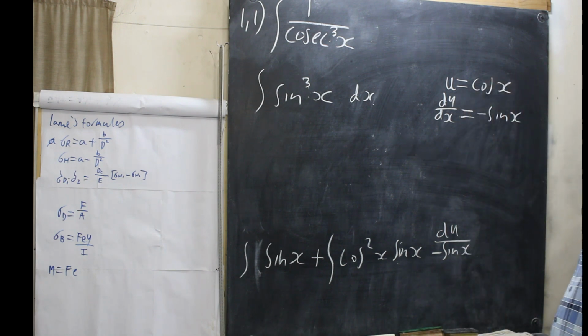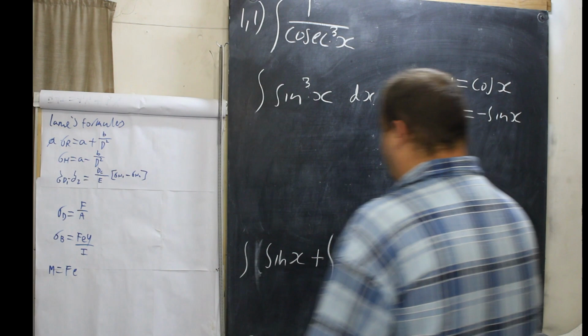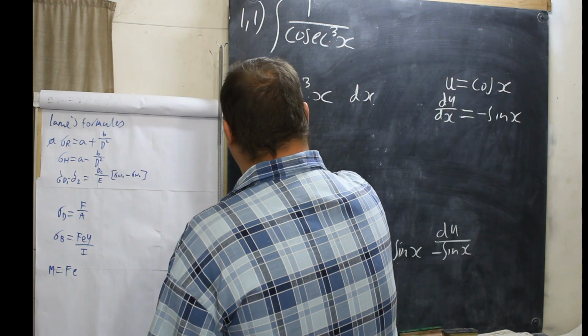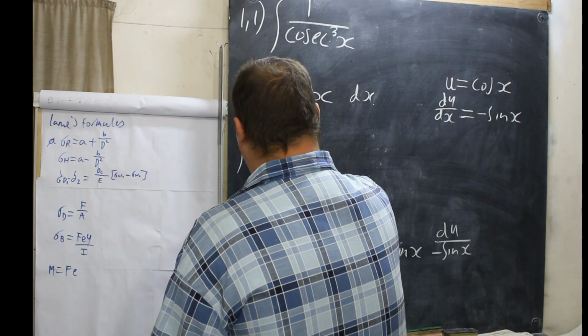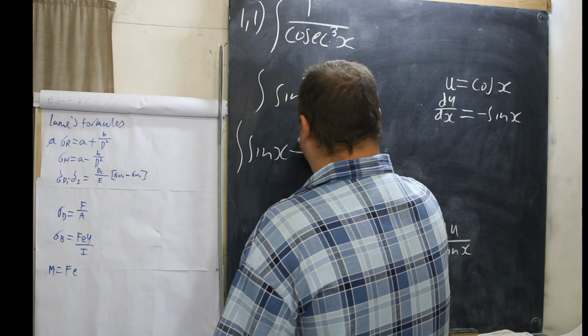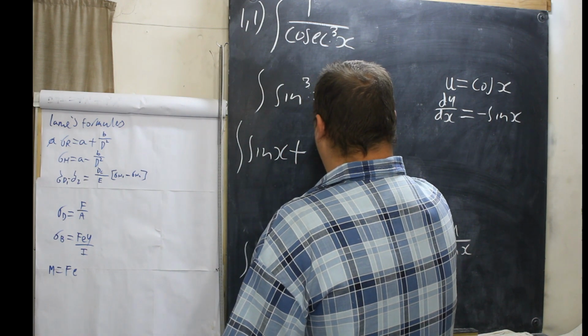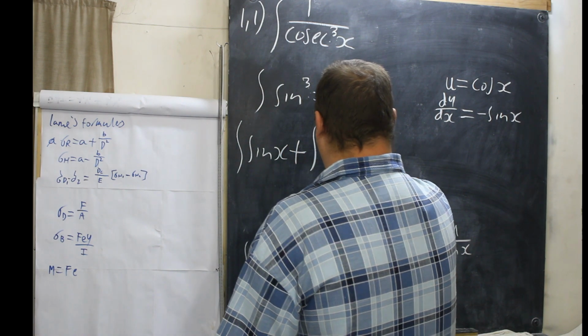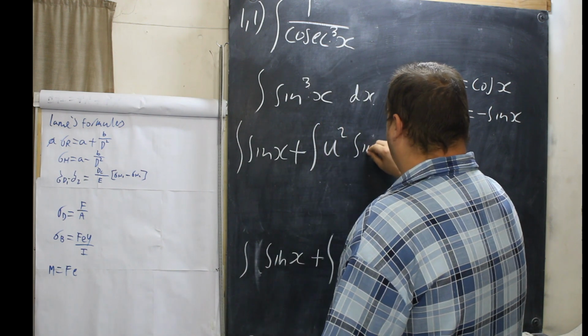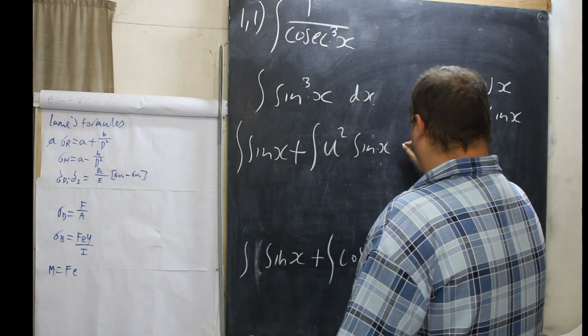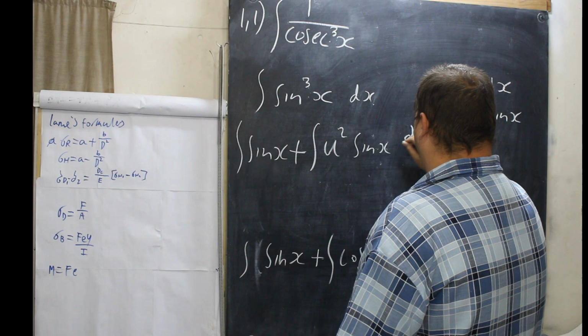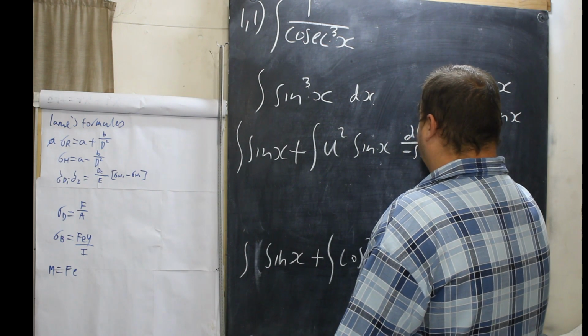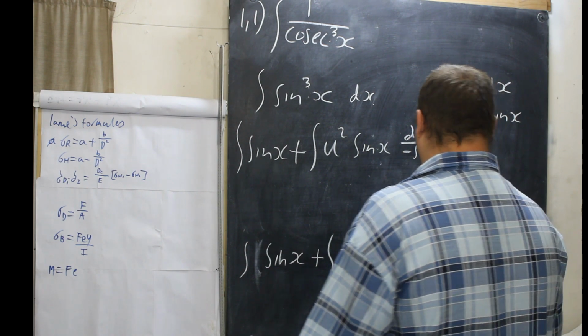Right, so now what we will do is I'm going to move up here and say the integral of sine x plus the integral of u squared sine x du over minus sine x.